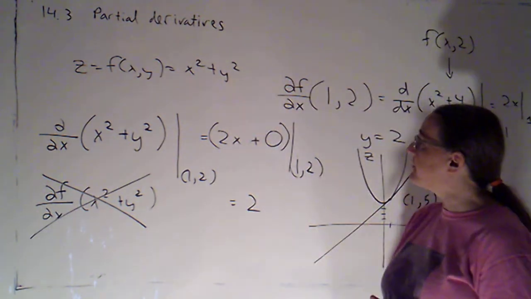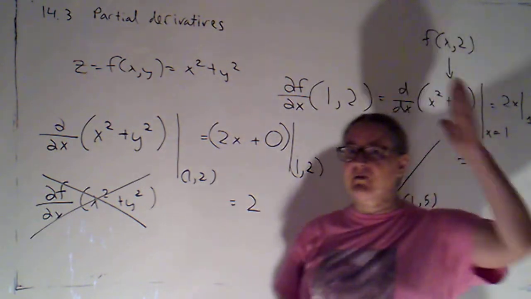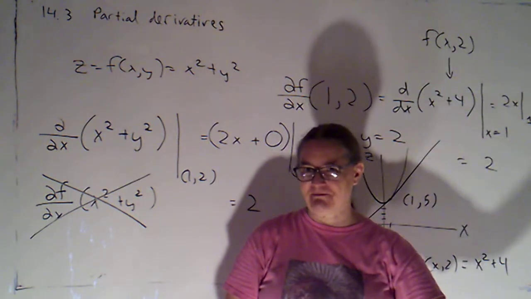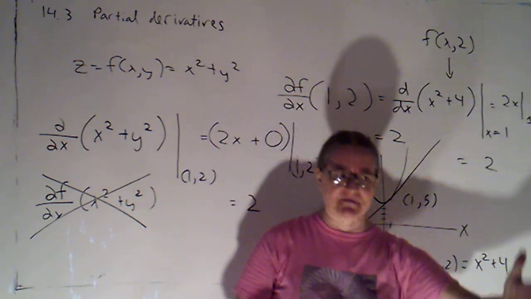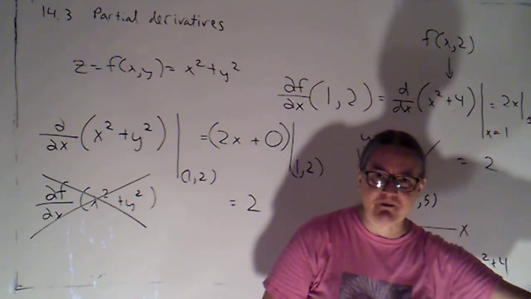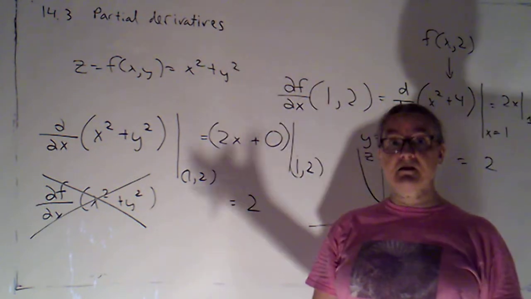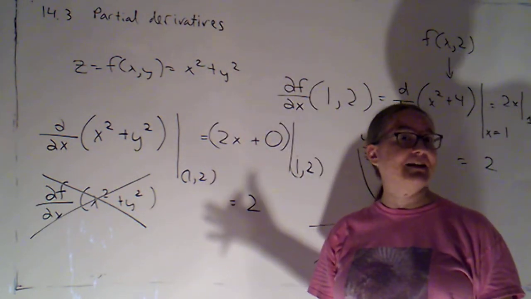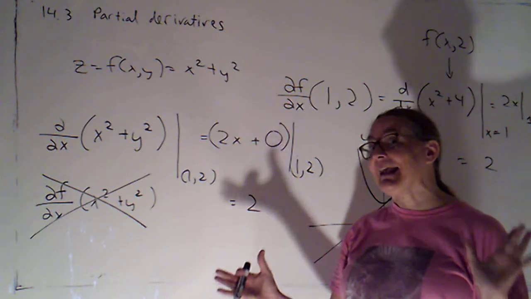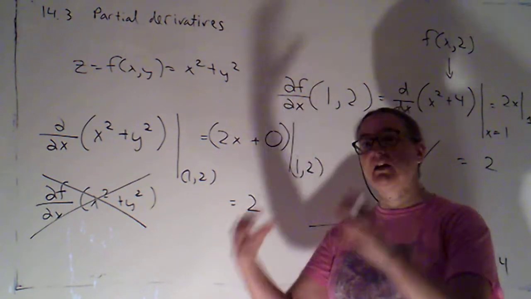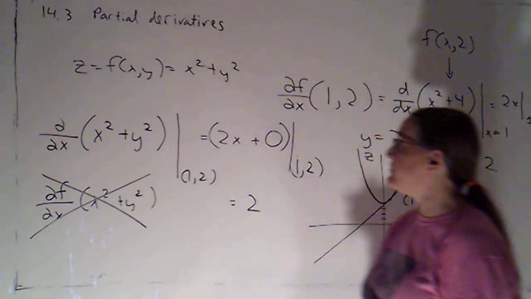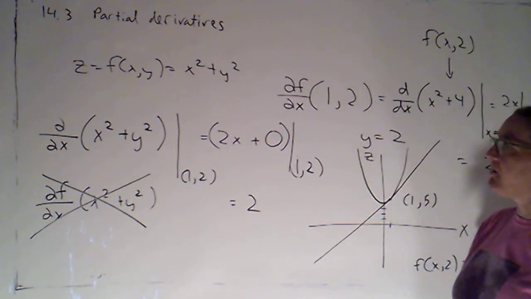So essentially that frees us up to say, okay, I don't have to do this one plane at a time. I don't have to look at the plane y equals 2, and then look at the plane y equals 3, and then look at the plane y equals 4. I can just say, here's the formula for the partial derivative with respect to x that I would get in any plane parallel to the xz plane. And then you can plug in the appropriate y value for your point after you've calculated that formula.